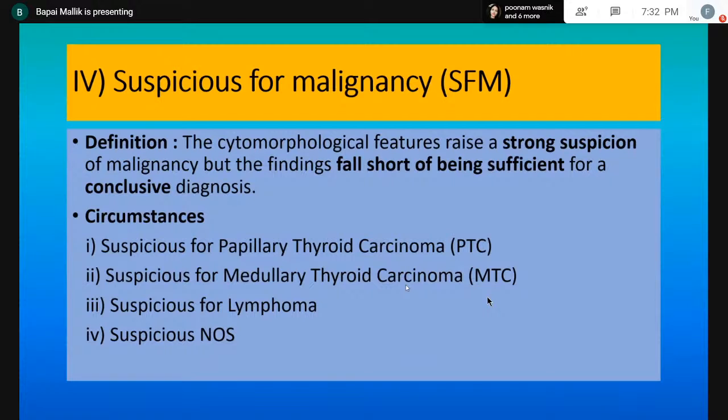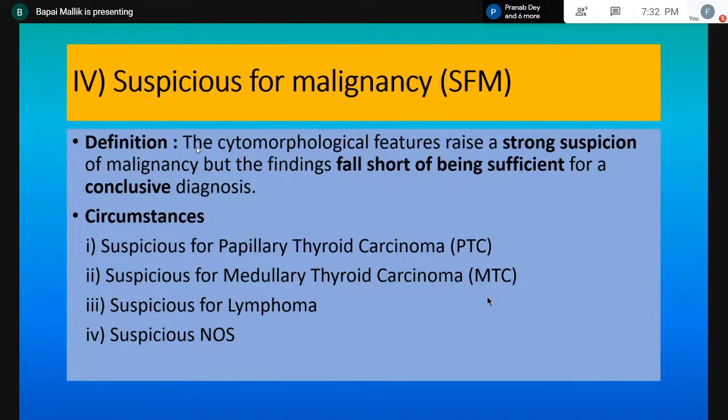So the category 5 is suspicious for malignancy. And by definition, this is very important, the cytomorphological features should raise a strong suspicion of malignancy, but the findings fall short of being sufficient for a conclusive diagnosis.